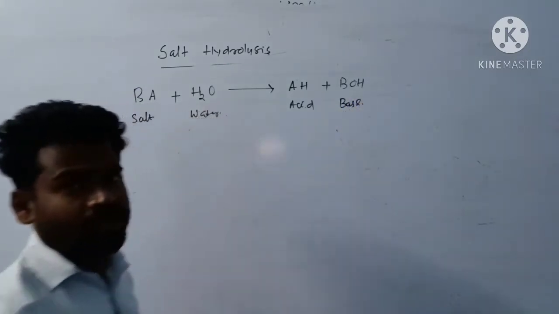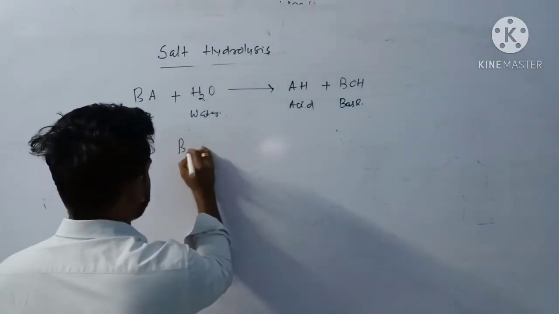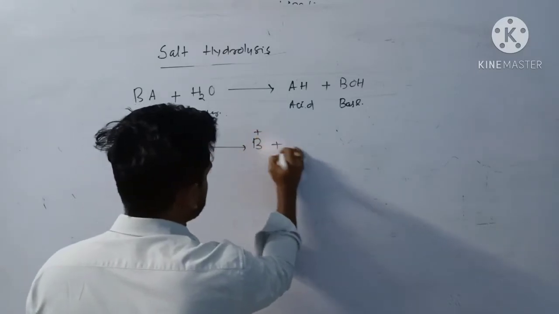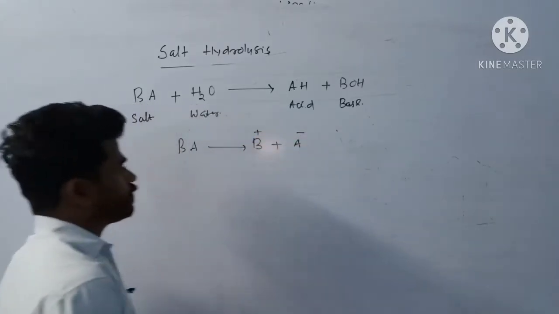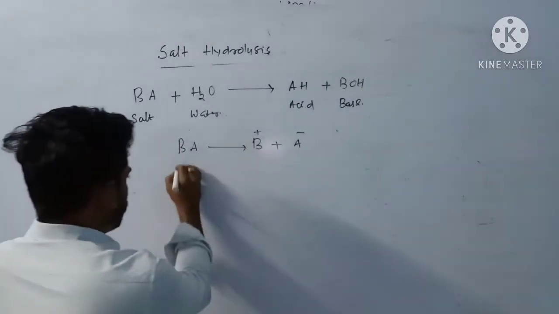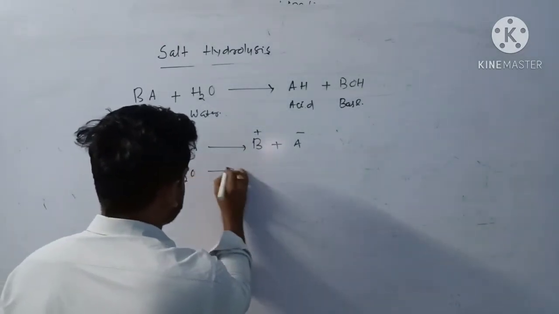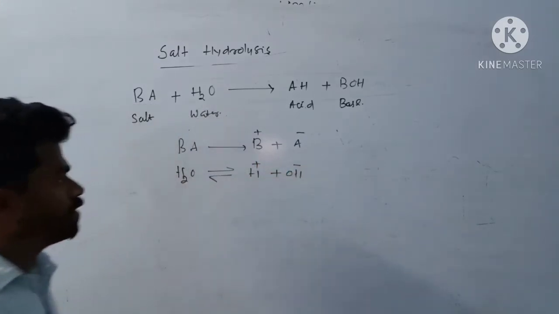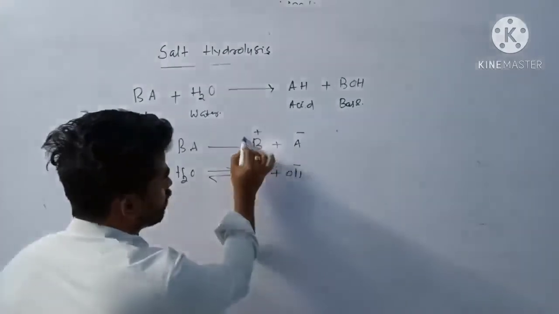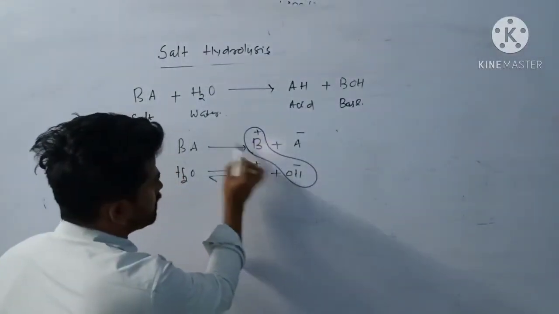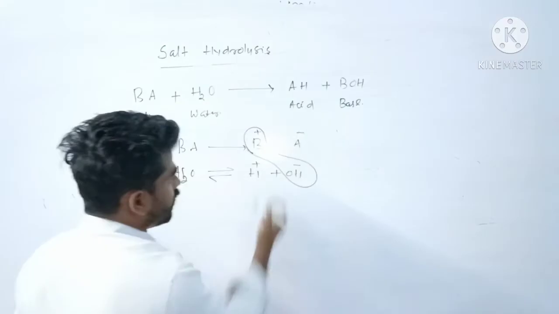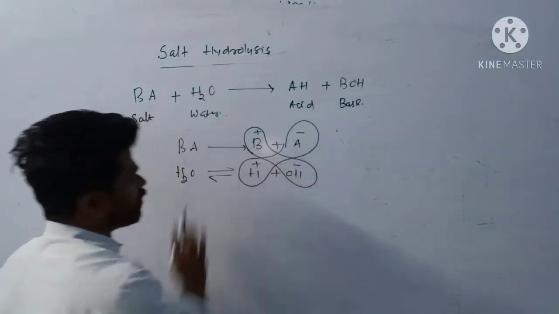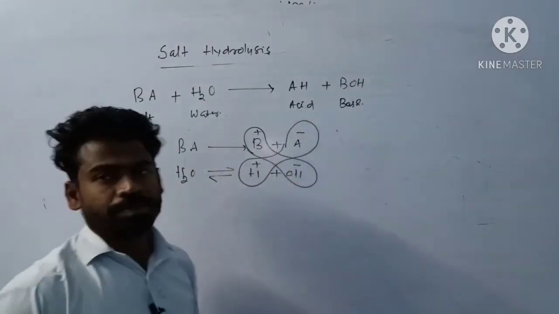One is cation, another one is anion. So BA, I can consider this one is B plus A minus. In water, its dissociation can be written as H plus, OH minus. So the interaction of the cation of the salt with OH minus leads to base, and the interaction of the anion of the salt with H plus of water leads to acid.